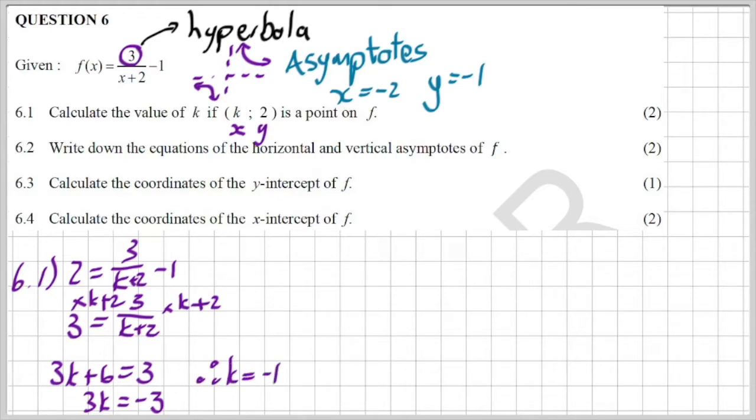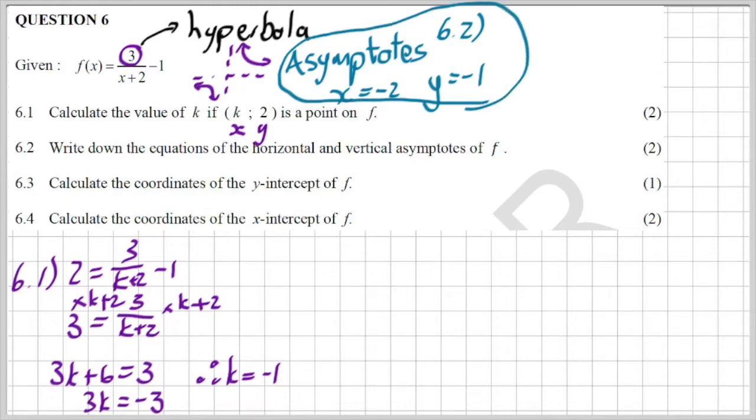So I've got k as negative 1. But what does that mean for my graph? That means I've got a set of coordinates on my graph where x is negative 1 and y is 2.